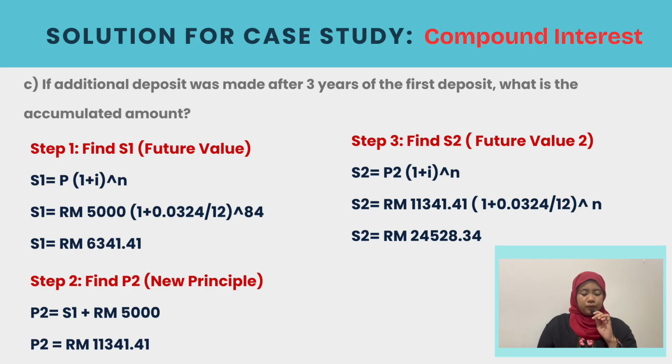S equals P times bracket 1 plus I to the power of n, which is RM11,341.41 times bracket 1 plus 0.0324 over 12 to the power of 48. The answer of S is RM24,528.34.